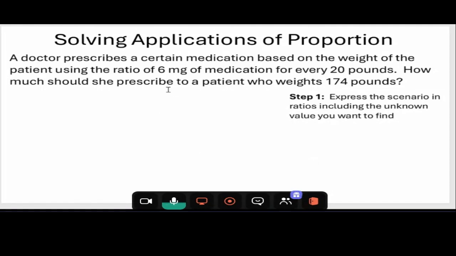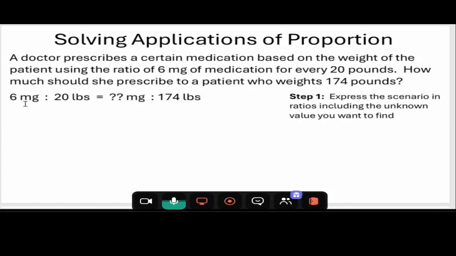So we've been told that the doctor uses 6 milligrams of medication to every 20 pounds of weight. So that is one of our ratios, and that is going to be the same as how much should she prescribe to a patient who weighs 174.